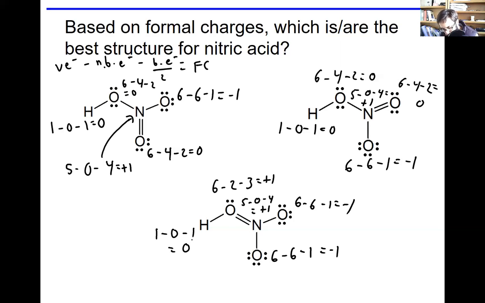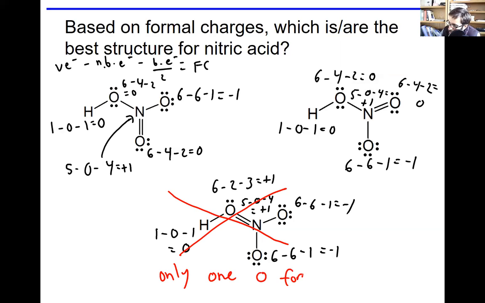So that tells us right away it's not going to be this one, because it has only 1 zero formal charge. Nature doesn't like charges, so we don't want this one compared to the other ones. We have a better option, right? What that means is this is not as good of a reflection of reality. It's not as good to have a double bond here. It's better to have a double bond here or here, right?